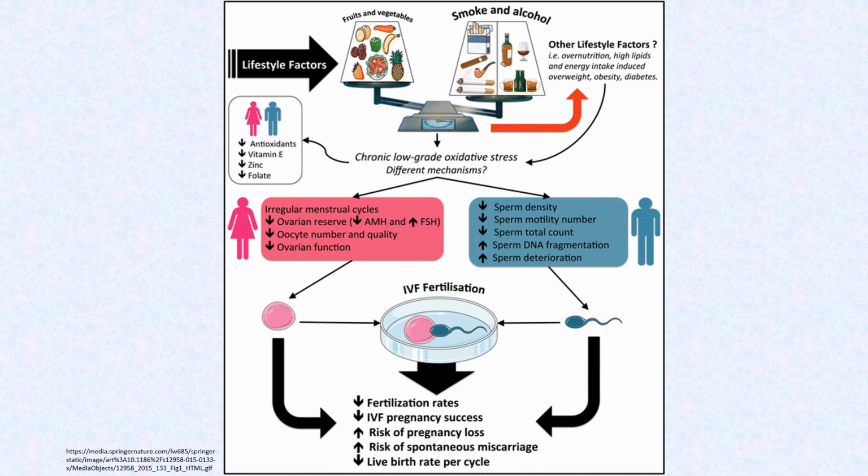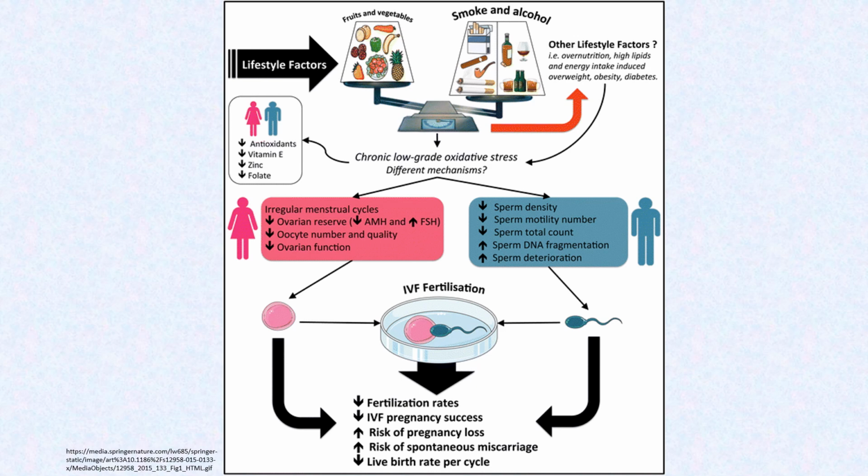Failed implantation is found to be associated with a high body mass index, smoking, alcohol consumption, and stress. Pre-pregnancy obesity affects the female reproductive system through abnormal menstruation, anovulation, and pregnancy complications. Smoking has been associated with lower implantation rates in women undergoing in vitro fertilization.